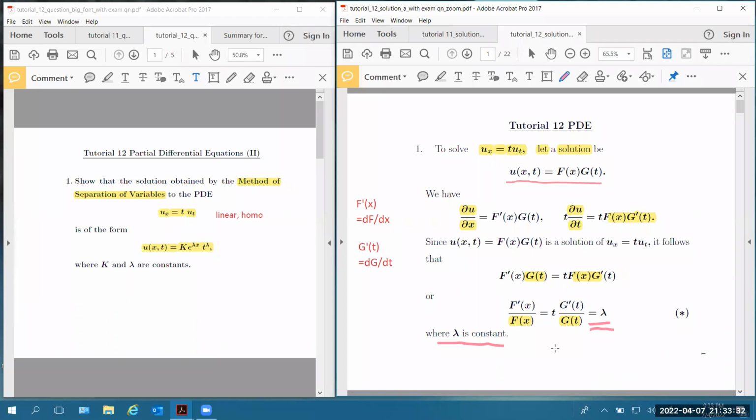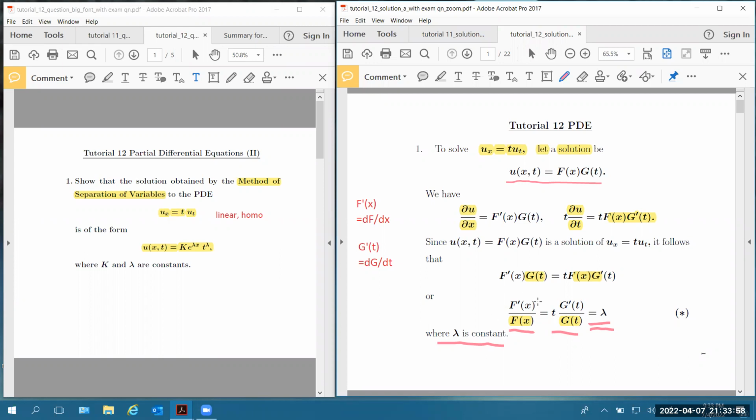Well, the reason is that this whole thing, f prime(x) over f(x), is a function of x. And this whole thing, t times g prime(t) over g(t), is a function of t. So you think about it yourself. Function of x equal to function of t, and x and t are two different independent variables.